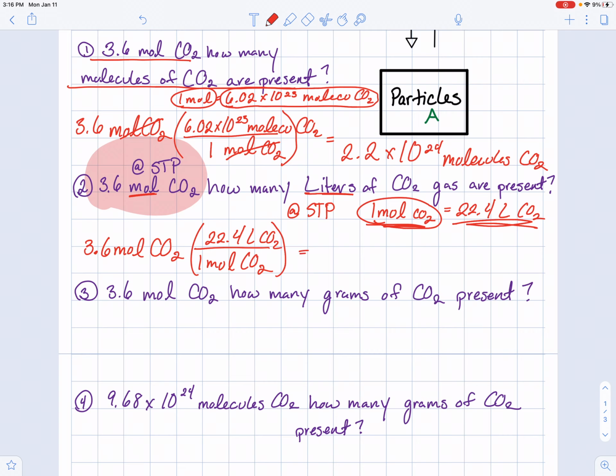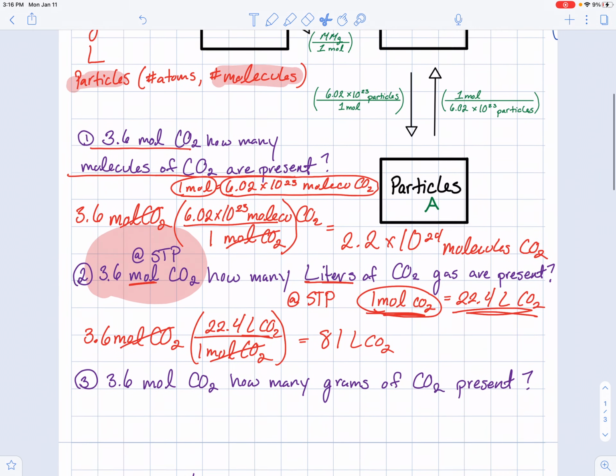And then when I go to convert and do my math, moles of CO2 cancel, because moles divided by moles cancels. And then I'm going to be left in liters of CO2. So it'll be 3.6 times 22.4 liters, and I got 81 liters of CO2.